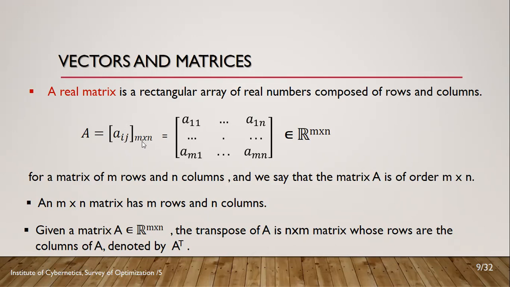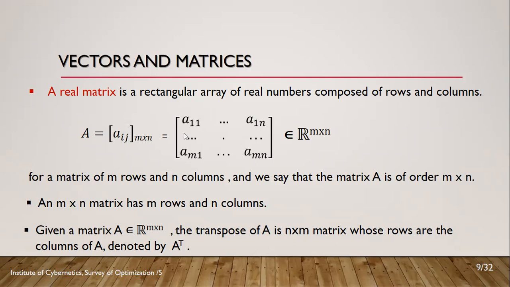We already mentioned the transpose of a vector. Here we again have the notation for the variables with two indices. The first index stands for the row number, and the second index stands for the column number.